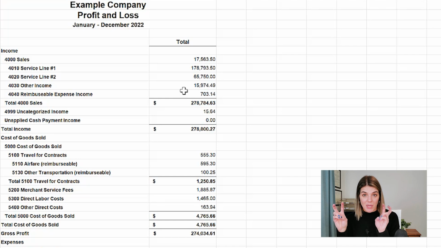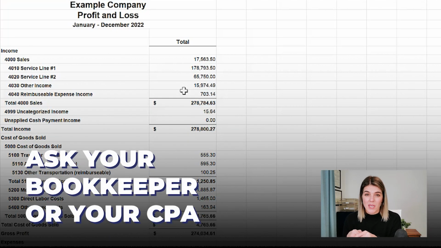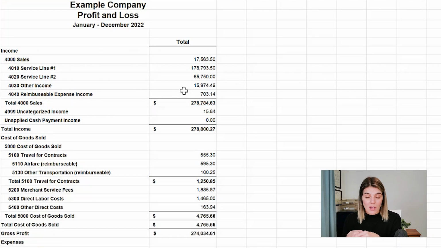The expense has already been spent from the transactions that happened on the credit card. So be really clear on what actually shows up on the profit and loss statement. And if you need to ask exactly for your business situation, ask your bookkeeper, ask your CPA: if I do this, is it going to be on the profit and loss or is it going to be on the balance sheet? Watch these videos, get really comfortable with what's what, but also feel free to ask your professional if you aren't sure.